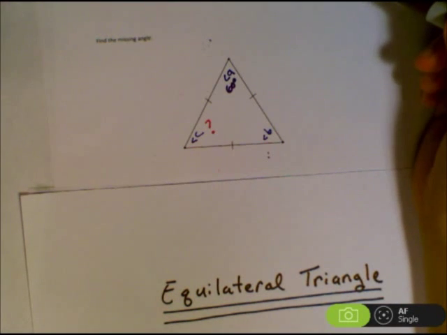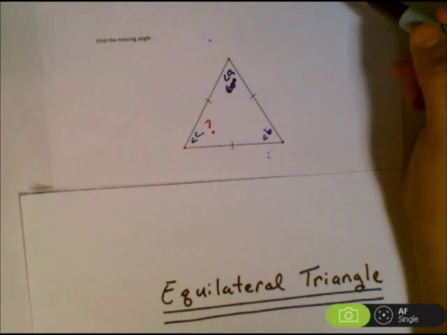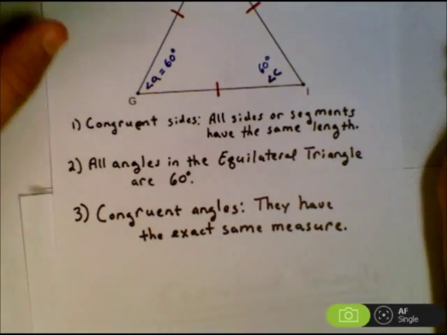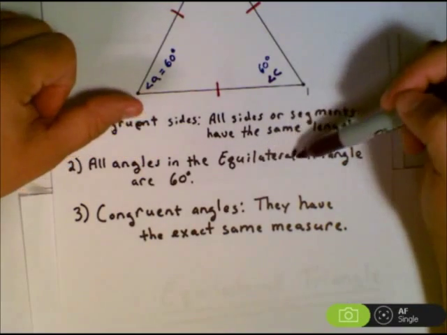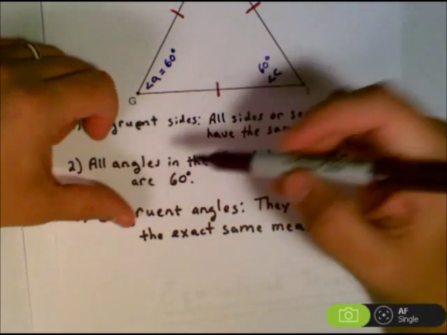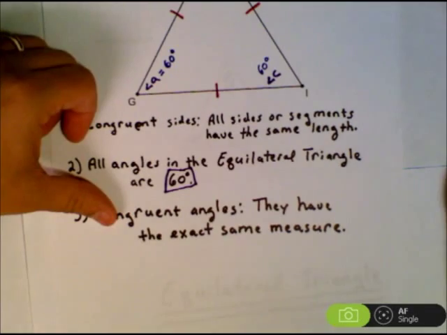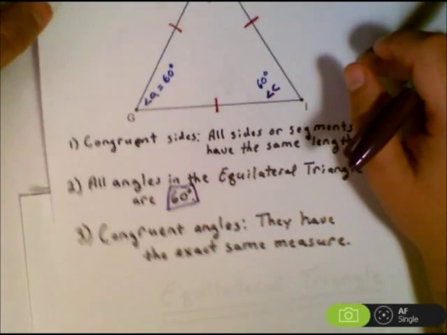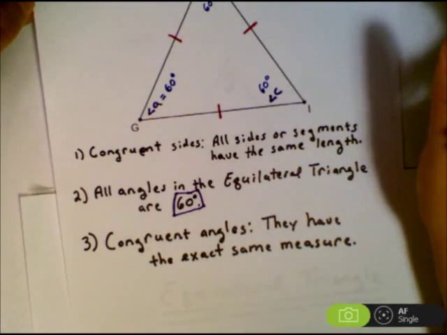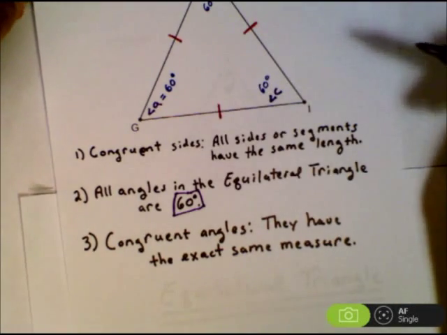That will give us that missing angle. Or the easiest way to do it is to remember this rule: all the angles in the equilateral triangle are 60 degrees. So you get away from actually doing all the work and just find that it's 60 degrees.